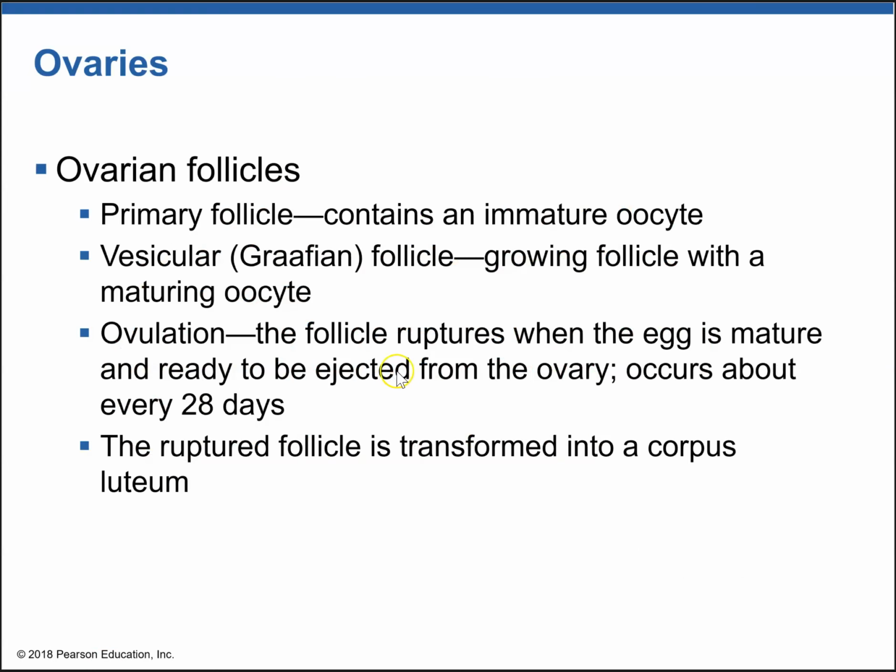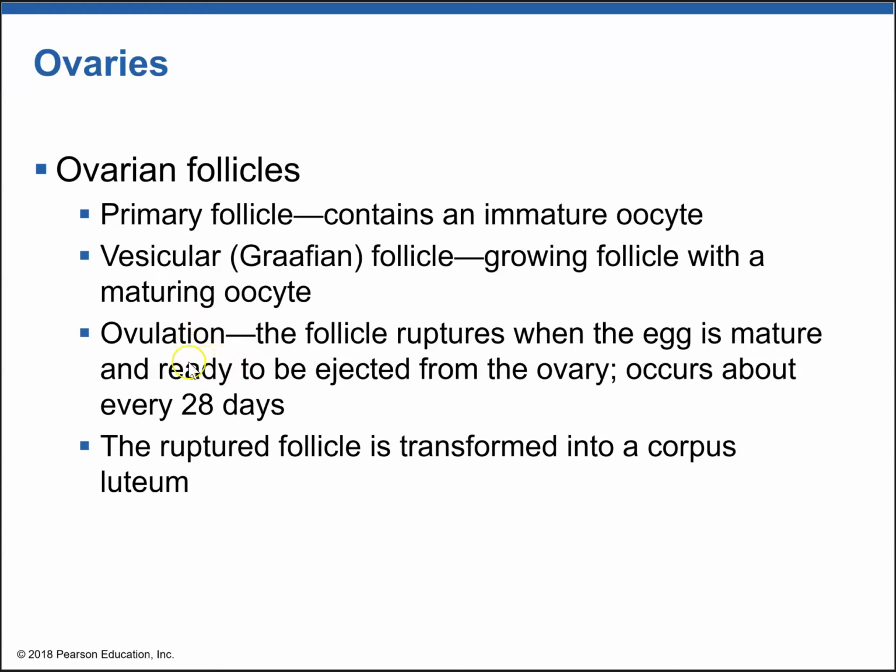If you look at the ovarian follicles, they consist of the primary follicles, which contain a primary oocyte, and the vesicular or Graafian follicle, which is a growing follicle with the mature oocyte.